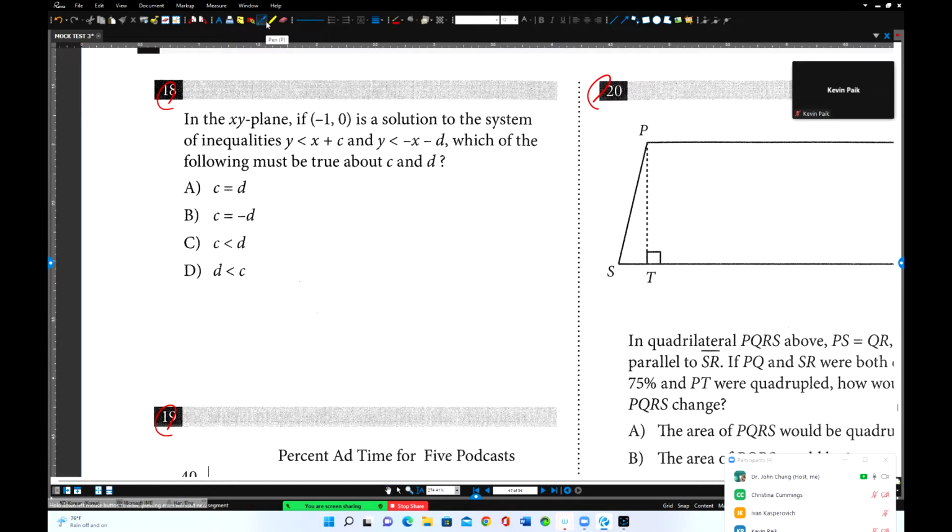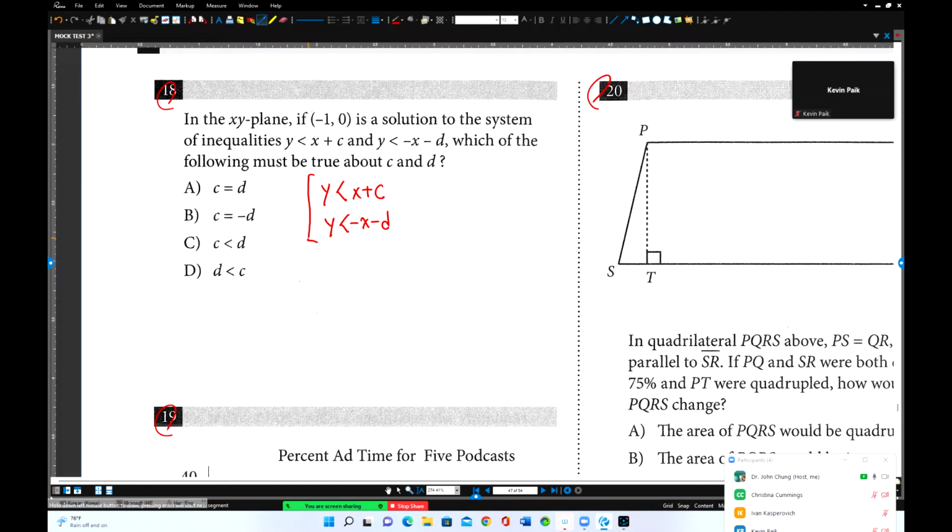This point is a solution to the system of inequalities. We have a system of inequalities here: y is less than x plus c, and y is also less than negative x plus d. C and D are some constants. We're going to find something about C and D.